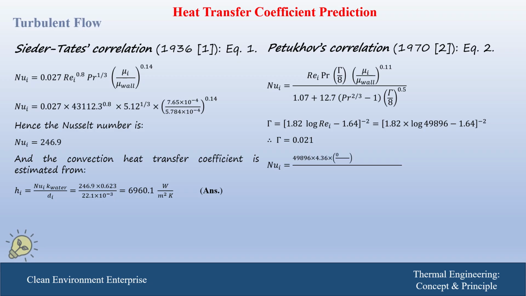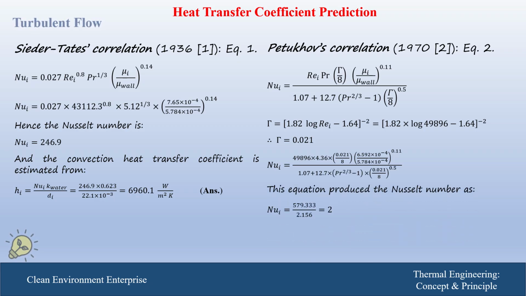Then we will get a Nusselt number to be a value corresponding to 268.71, and this is also higher than Cedar-Pulse value.